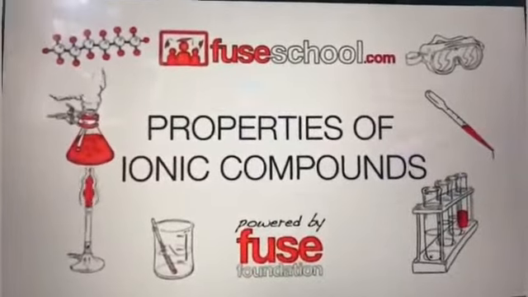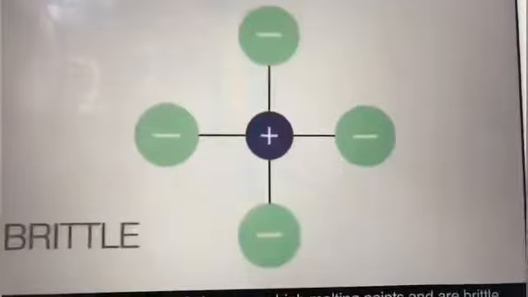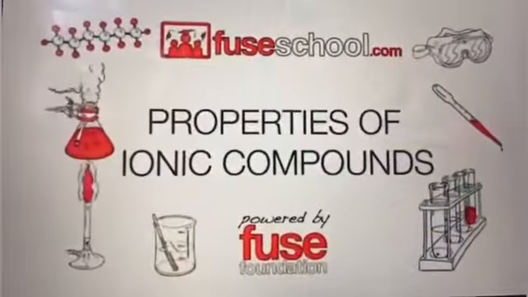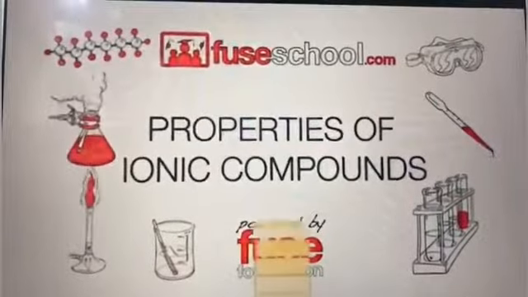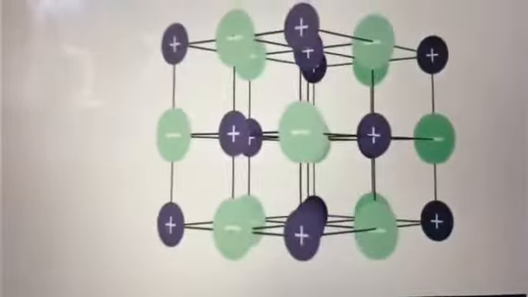These ionic compounds have very high melting points and are brittle because of their 3D giant ionic lattice structure.